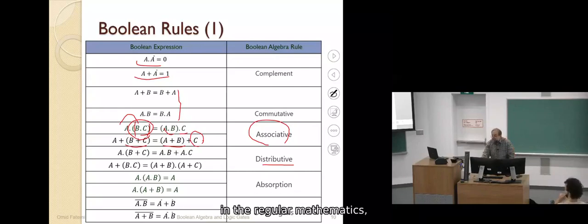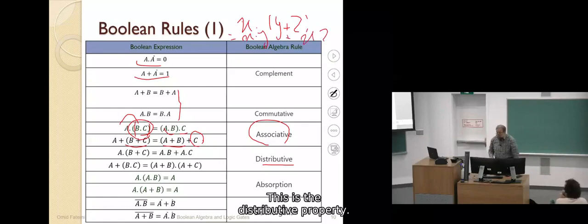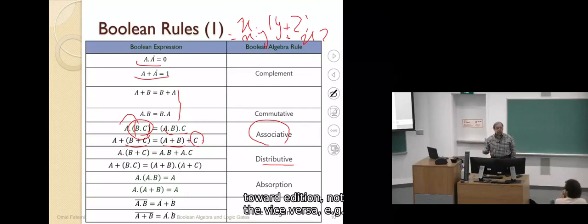For example, in regular mathematics, you say x times y plus z is equal to x times y plus x times z. This is the distributive property. We only have multiplication toward addition, not the vice versa.